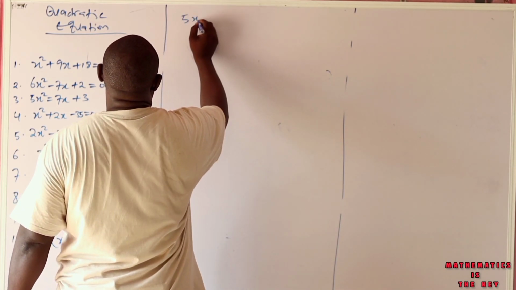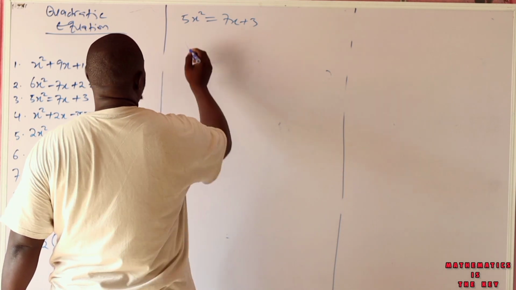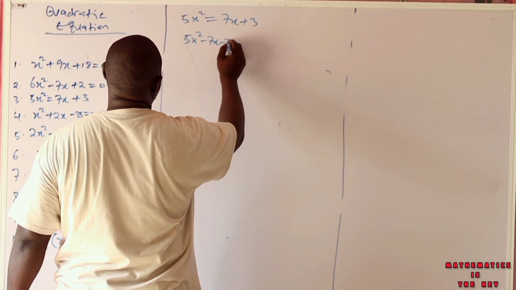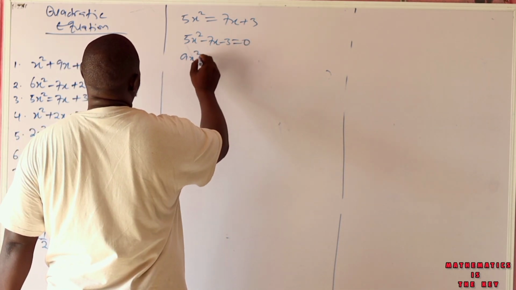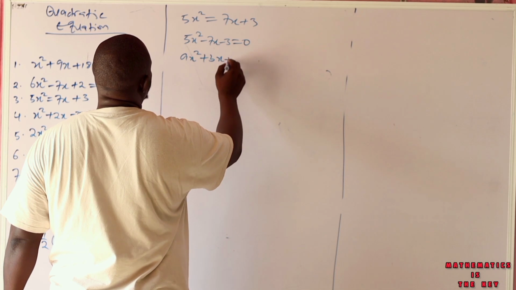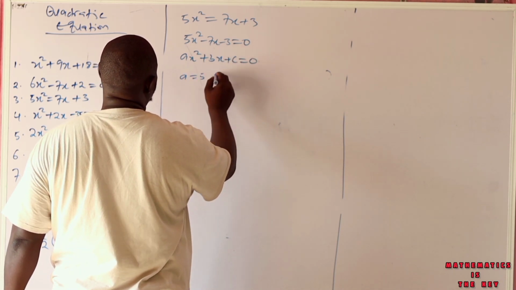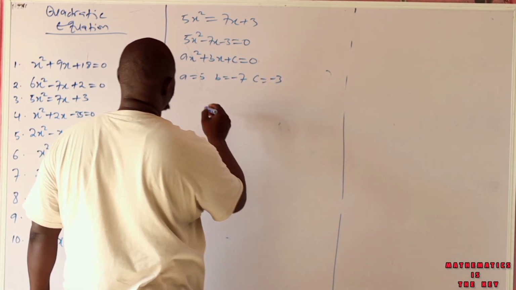Next example, we have 5x squared is equal to 7x plus 3. We rearrange this to give us 5x squared minus 7x minus 3 is equal to 0. Comparing with the general form ax squared plus bx plus c is equal to 0, we have a is equal to 5, b is minus 7, c is minus 3.